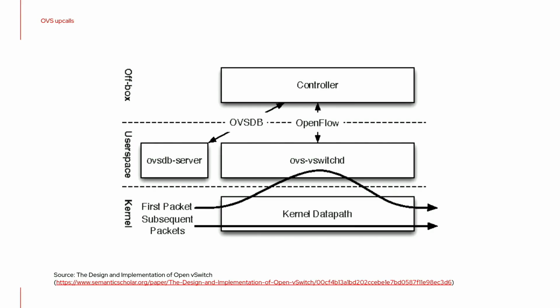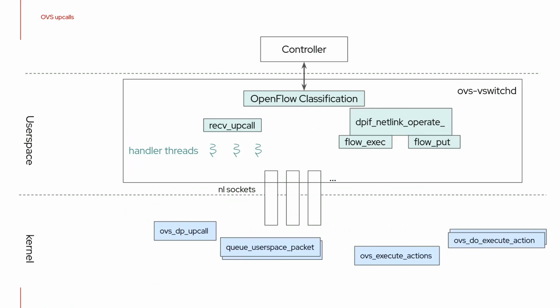So if we zoom into this image a bit, what we see is that when a packet comes to the kernel data path, the OVS kernel module, it hits a tracepoint called ovs_dp_upcall. Then the packet might get segmented if it's GSO, and multiple calls to queue_userspace_packet happen, which eventually enqueue all the packets, all the segments, into netlink sockets.